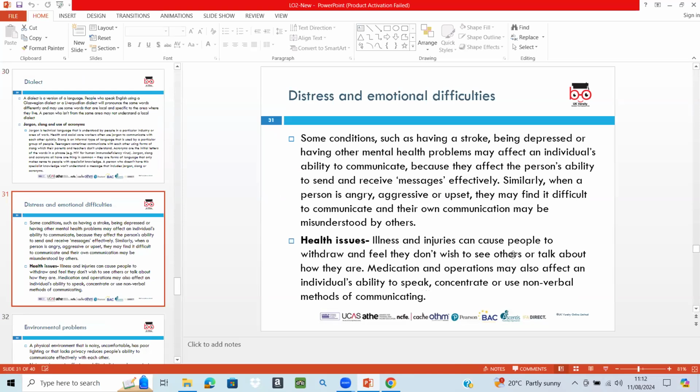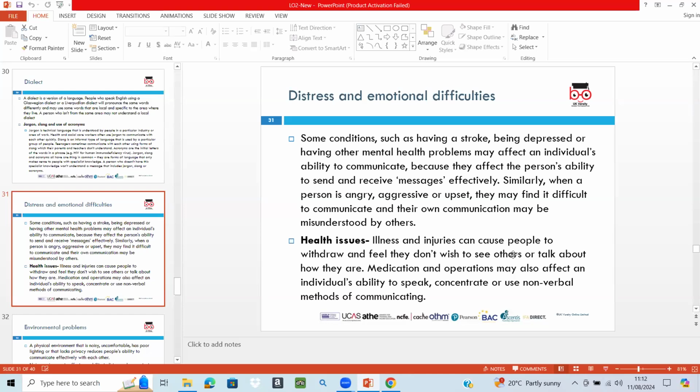So here we have to discuss distress and emotional difficulty. Here they have given us examples. Some conditions such as having a stroke, being depressed or having other mental health problems may affect an individual's ability to communicate.